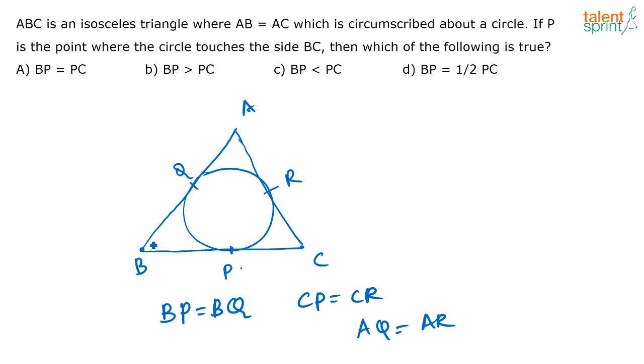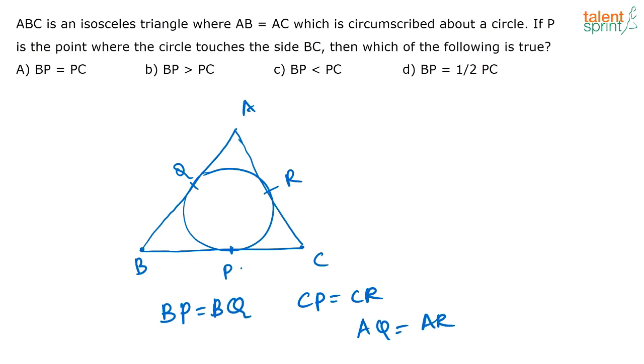Now, what have they given? They have said that ABC is an isosceles triangle and AB is equal to AC. So now what can you say? You know AQ is equal to AR. Correct? And you know AB is equal to AC. So you can say that QB will be equal to RC.